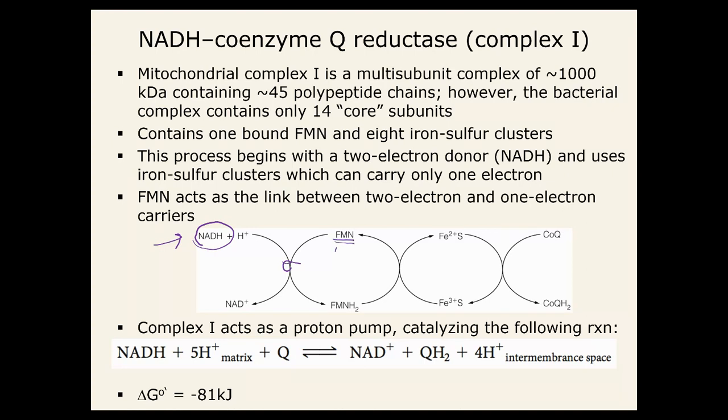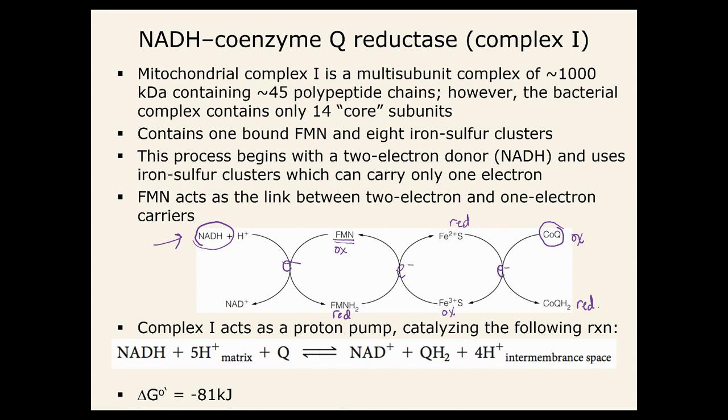FMN goes from oxidized to reduced. It's going to transfer them to those iron sulfur centers. Over here, this is oxidized. This guy's reduced. Electrons flowing. And then ultimately, coenzyme Q goes from oxidized to reduced. So that's the electron carrier process.